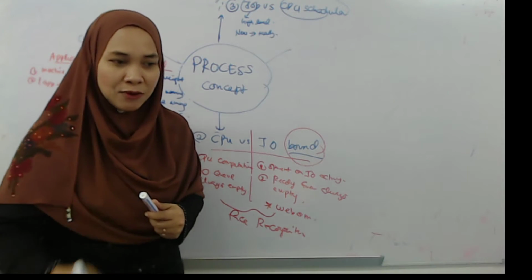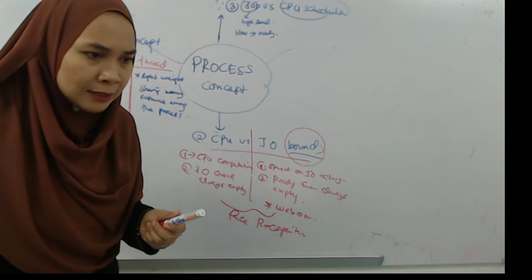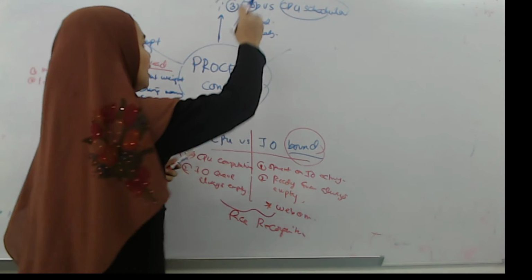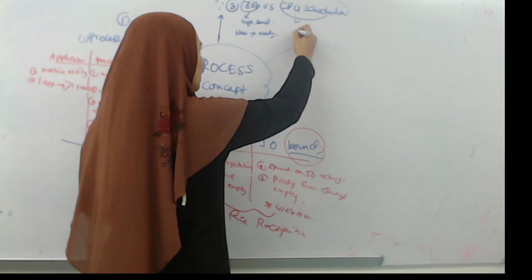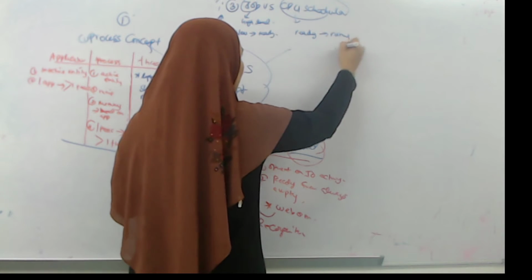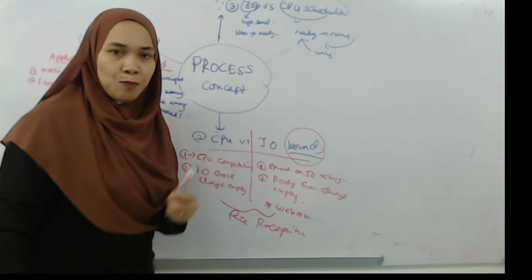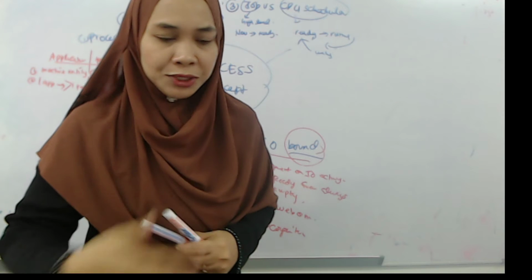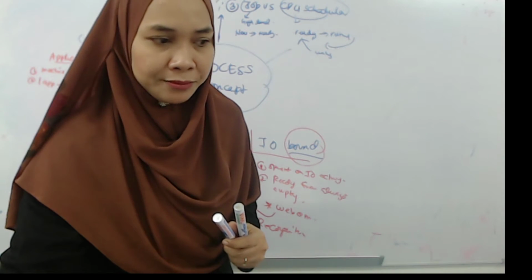That is what we call the CPU scheduler, which handles jobs as they enter the memory queue. It goes from ready to running, then to the waiting state and then back to ready. That is the CPU scheduler. So those are the two schedulers in process management.